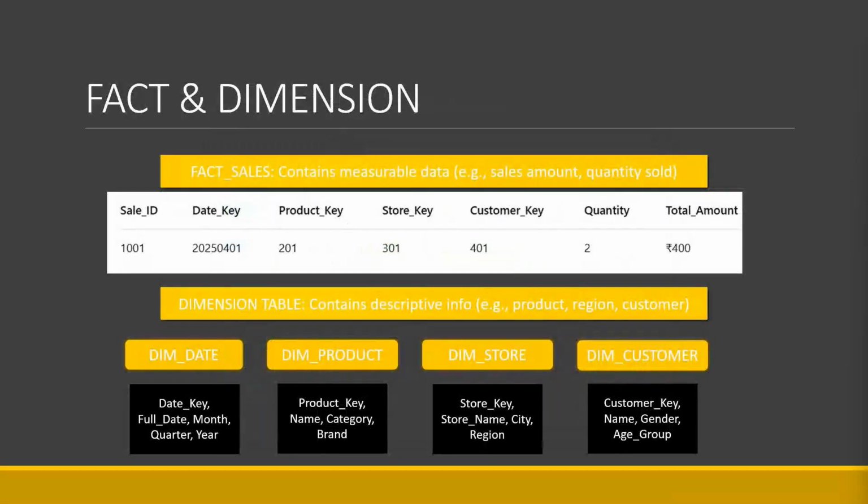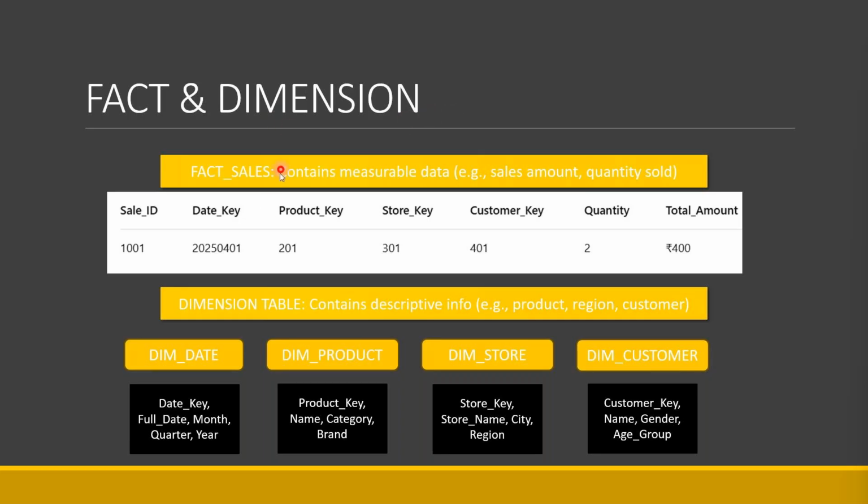So next we have one of the most important topics in the data warehouse area. That is nothing but fact and dimension. Fact and dimension are types of tables in a data warehouse. Fact tables are usually utilized to serve some purpose. Same goes with dimension tables.